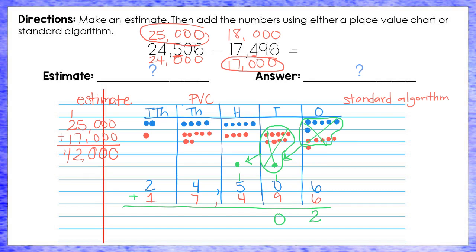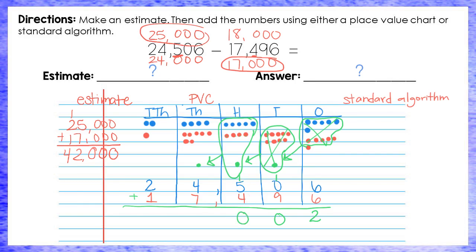Then I have 5, 6, 7, 8, 9, 10. I have 10, so I have to regroup again. And 10 hundreds makes 1,000. And here I can say 5 plus 1 is 6 plus 4 is 10.